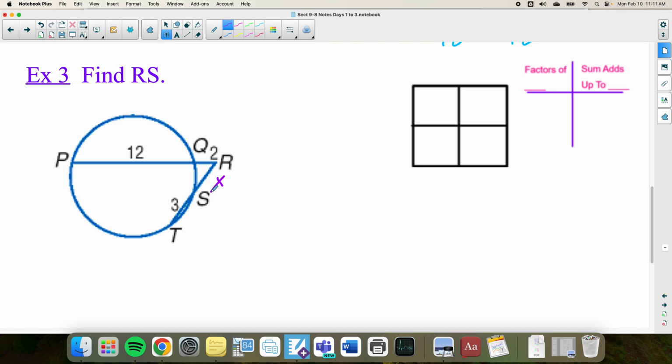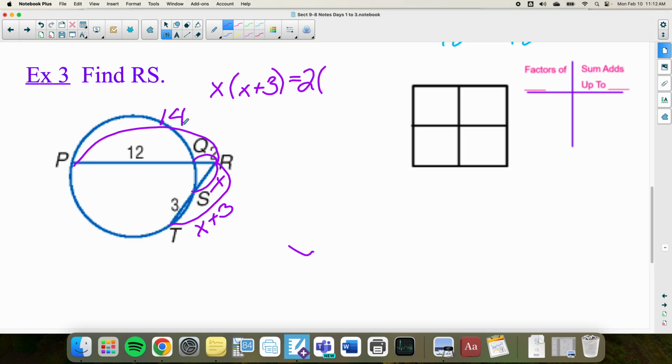So now, I'm gonna take this X times this whole thing, which would be X plus 3, equals this 2 times what do you think? 2 plus 12, right? Which is 14. Do you guys get that? So it's 2 plus 12, which is 14.